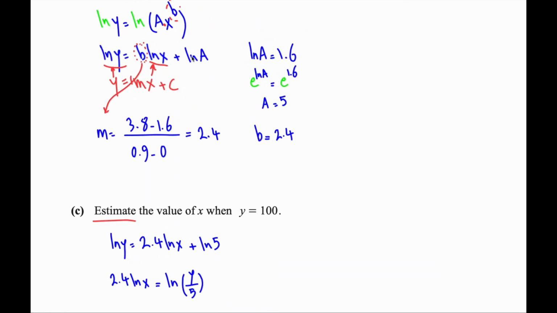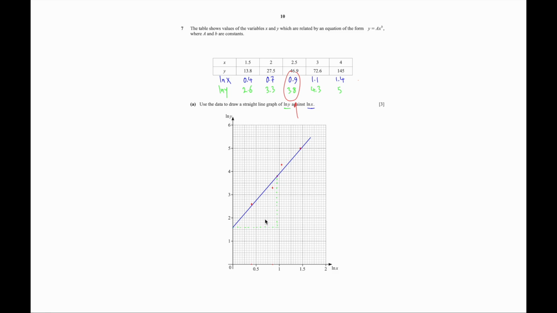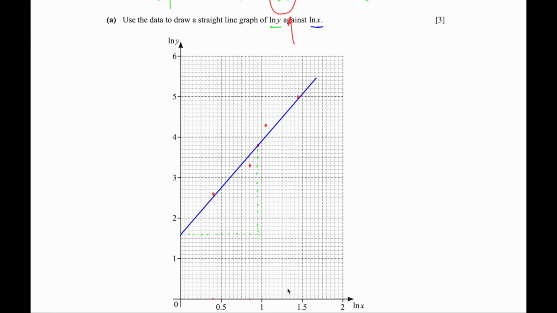And for A, which is right here, this is basically my y-intercept. ln A is the y-intercept, and again, if you refer to the graph, the y-intercept is 1.6.